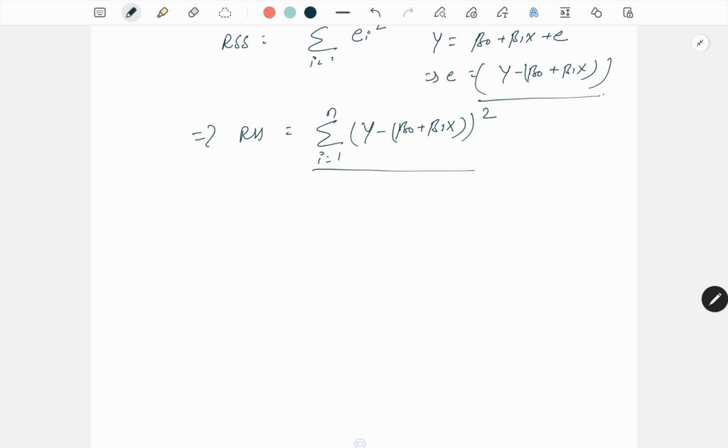Now we can minimize this cost function. In order to minimize it, we take the derivative of this cost function with respect to beta naught and beta 1, which are unknown.